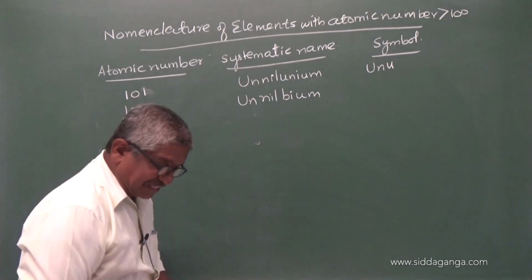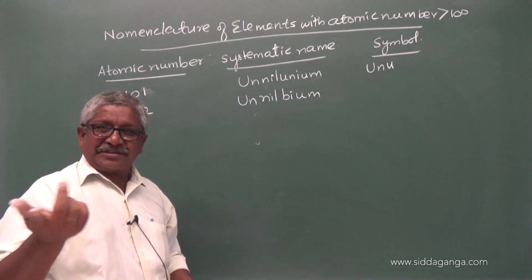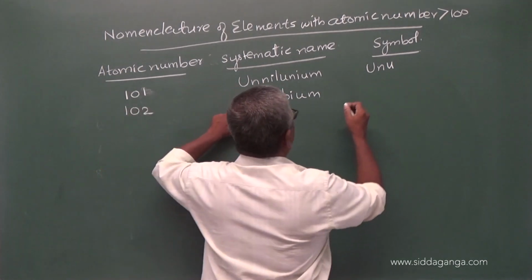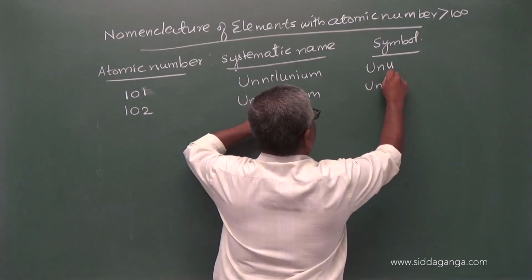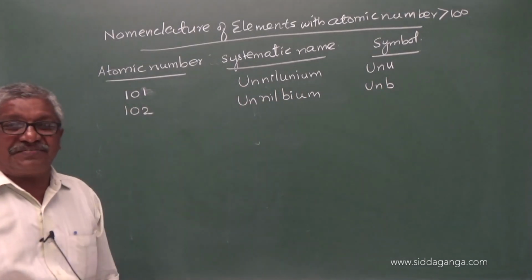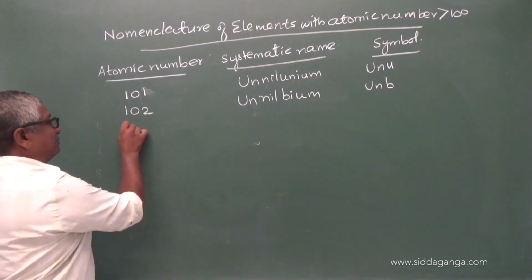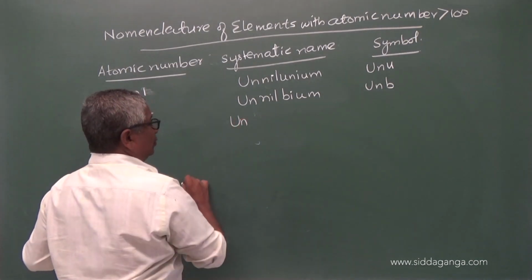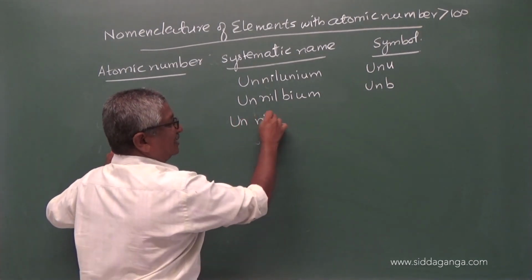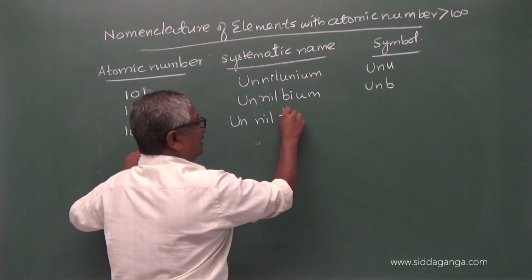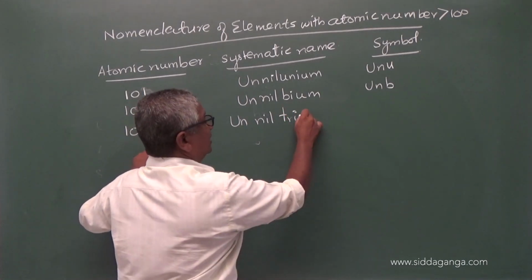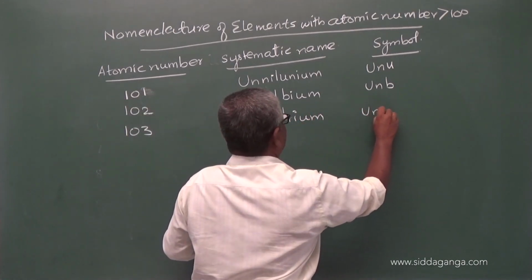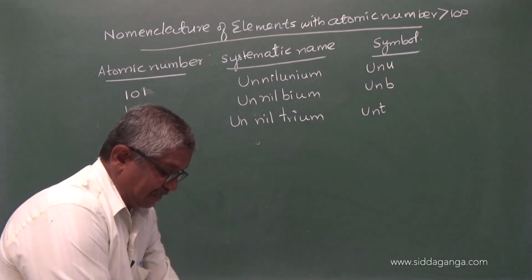Already bi is available, so there is no need to write one more I. The abbreviation symbol for that is UNB. Next, you can name 103: 1 is un, 0 is nil, 3 is tri, and um. Unniltrium. UNT is the abbreviation for that.